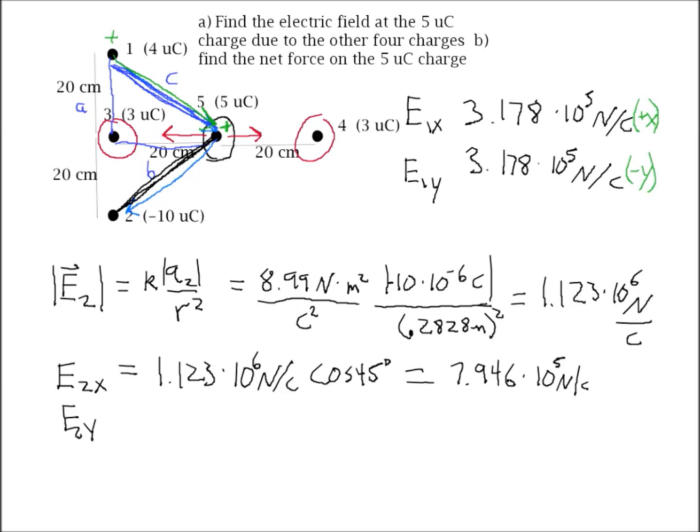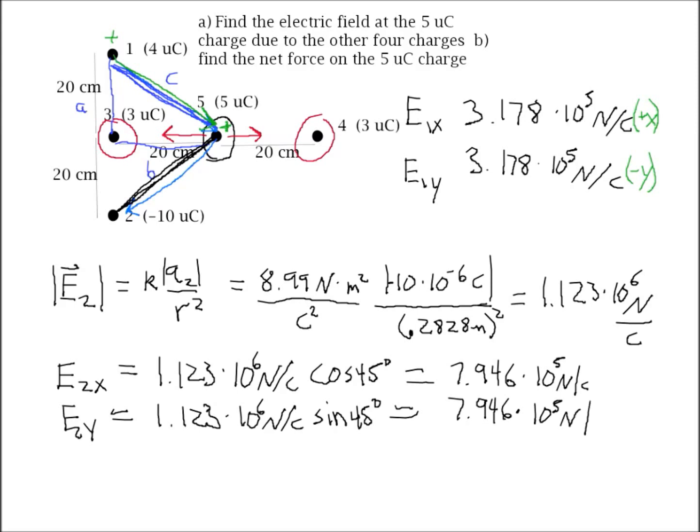E2y is the same number, 1.123 times 10 to the 6 newtons per coulomb times the sine of 45 degrees. Since sine and cosine of 45 degrees are both the same, we end up with the same answer. Okay, now let's pay attention to the direction again.